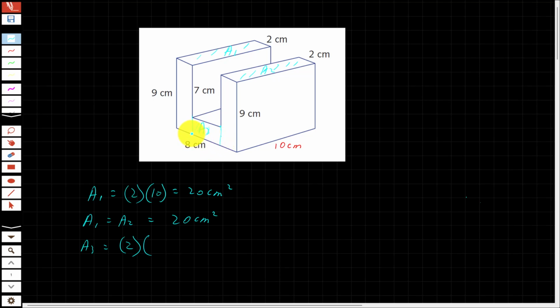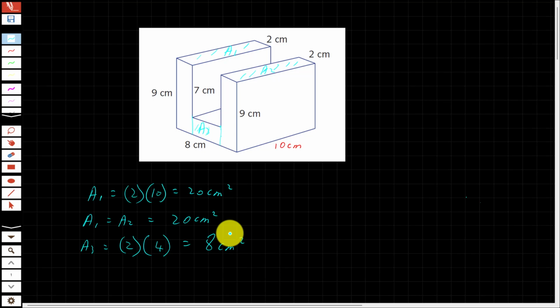The reason we're going from here to here is because we're going to calculate the volume in these separate sections separately. So from there to there, we know from there to there is 8. And we know there's 2 on either side. So 8 take away 4 is 4. So we know that's 8 centimeters squared.